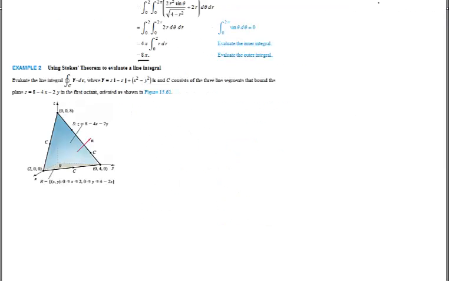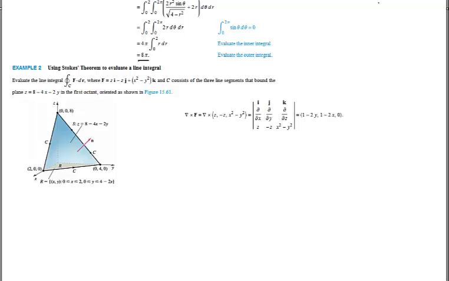In this next problem, they just want us to evaluate that line integral. So we will begin by evaluating the curl, and we start off by noting that our cross product is just going to be the same determinant that we've been doing, resulting in a vector.